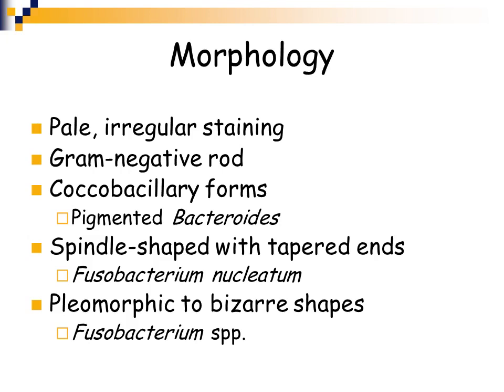This group, the gram negative rods, usually are pale, very irregularly stained. You could have your long fusiform rods. You can have your tiny rods, your coccobacilli, that would be your pigmented Bacteroides. You could have some bizarre shapes. The Fusobacterium organisms tend to be bizarrely shaped.